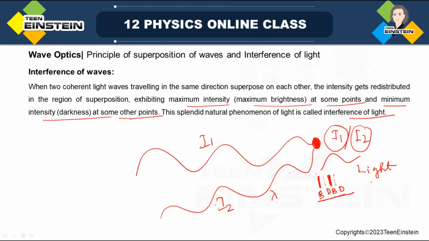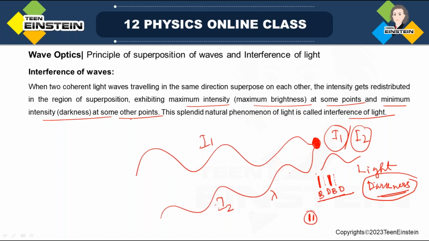It is really very interesting that light waves upon superposition can create even darkness. Is it not very exceptional that two lights can produce darkness? So how is it possible?